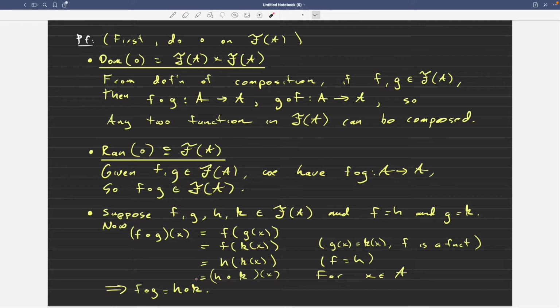So we still know that we can compose any two bijections from A to A, so the domain would be okay. The range will benefit from that theorem, because after I have composed two bijections from A to A, I get back a bijection from A to A. So the range part's okay. And then we'd get exactly the same argument for why it has the function property. So everything carries through for S of A also.